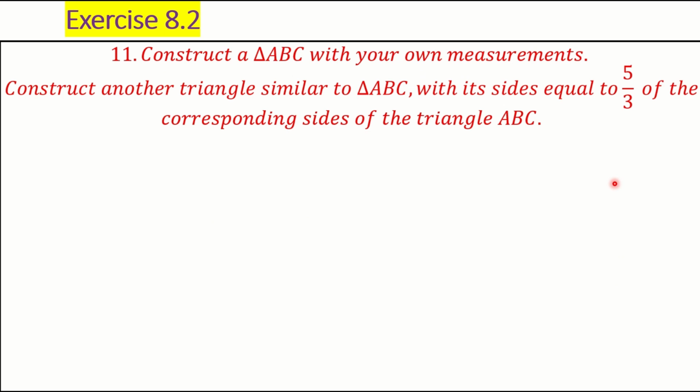Construct a triangle ABC with your own measurements. Construct another triangle similar to ABC with its sides equal to 5/3 of the corresponding sides of the triangle. I just don't want to show it here, I'll just explain it. You can do it yourself. It's very simple. First, build triangle ABC with sides that are multiples of 5.